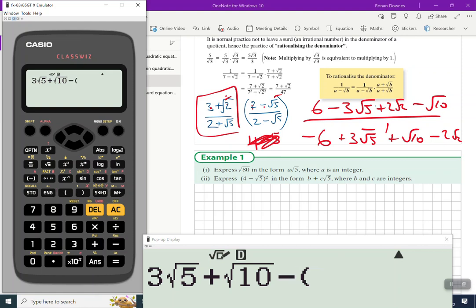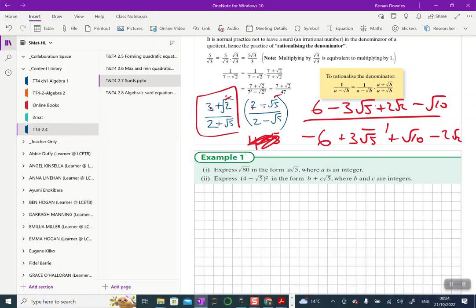So I put a bracket now, and I have 6 and 2 root 2. Come out from under, close the bracket. 1.04. There you go. And I'll subtract A, and we should get exactly naught. Now we might get something very, very, very small. Now we get exactly naught. The calculator is behaving itself. Okay.